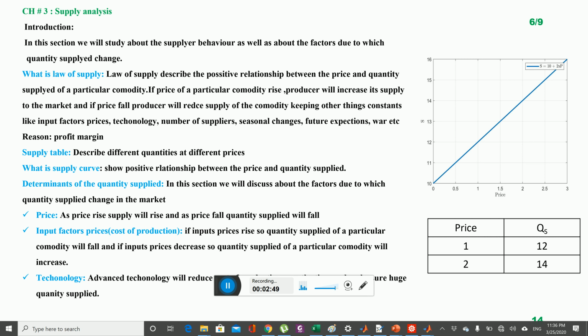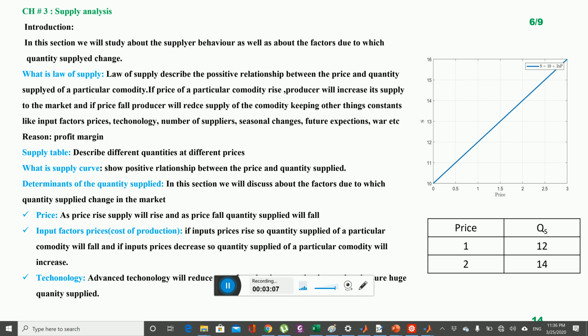Why are we keeping these other things constant when we define the law of supply? The reason is this: if these things also change as the price changes, then the law of supply fails, it is not working.